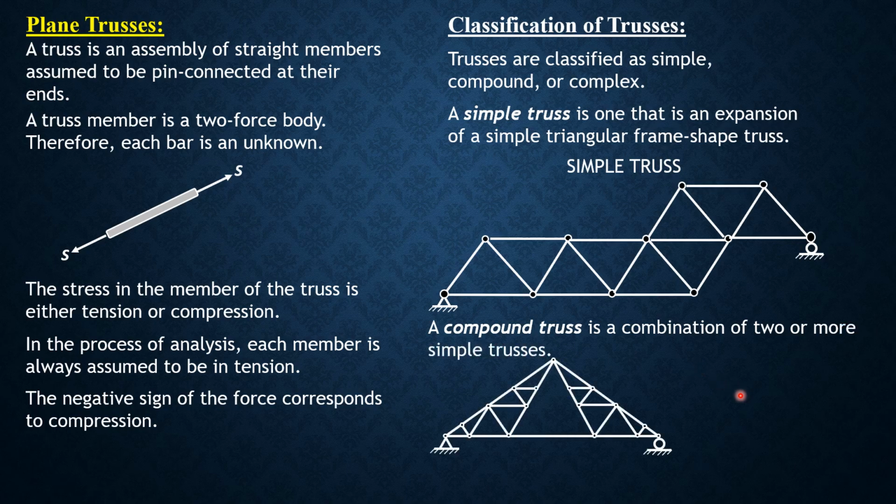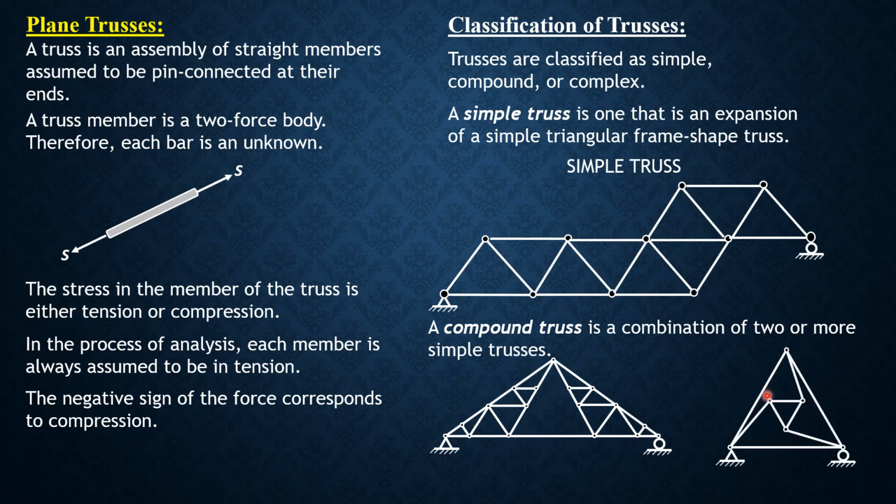So it is a combination of two or more simple trusses. Like this one, we have a simple truss and another simple truss, and they are combined by meeting them at their common joint and adding one additional bar.